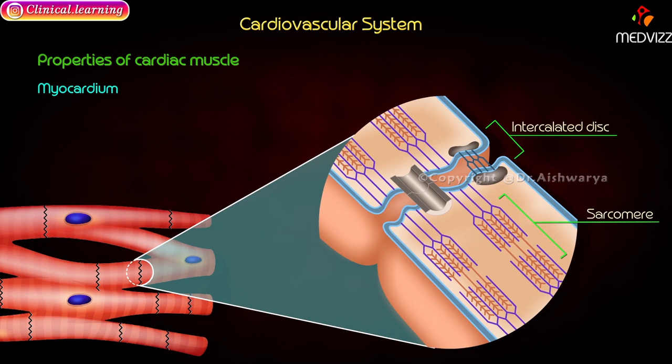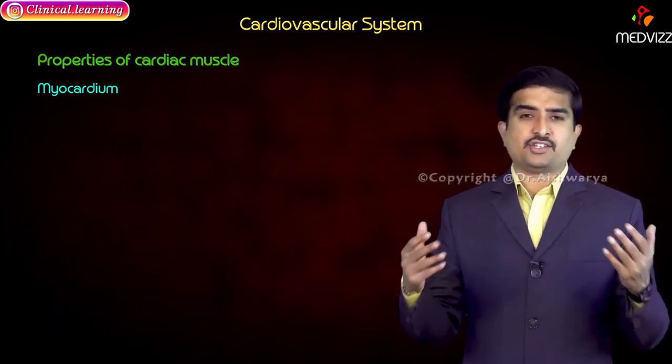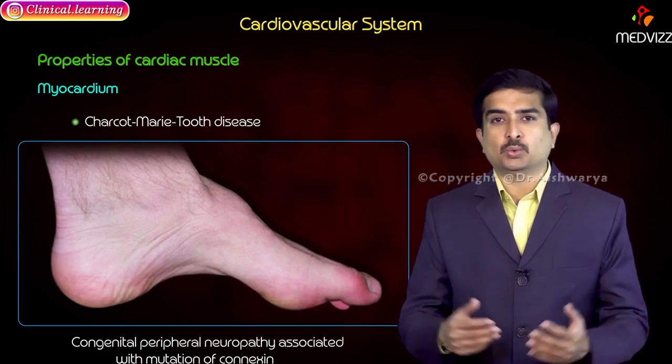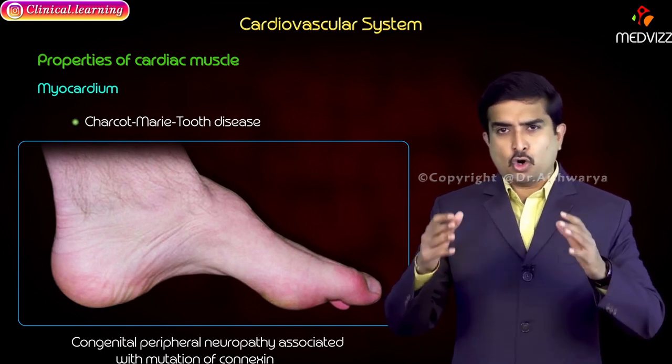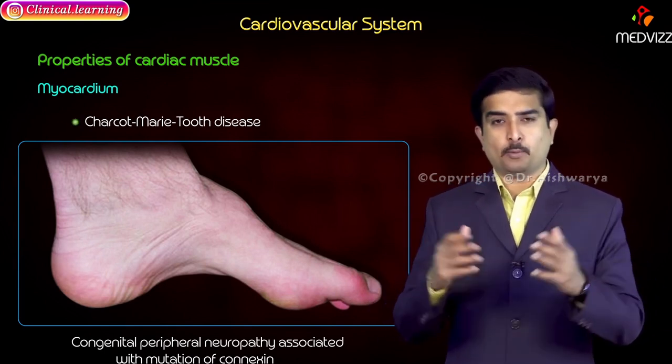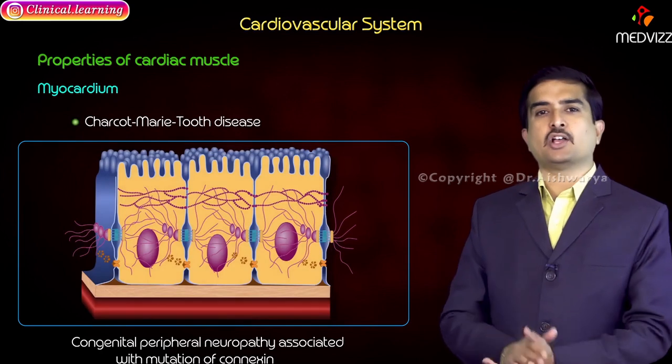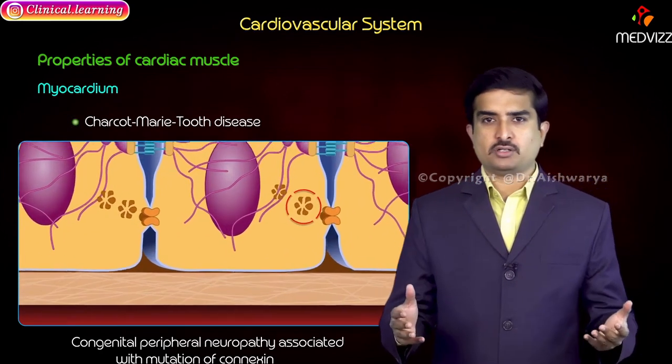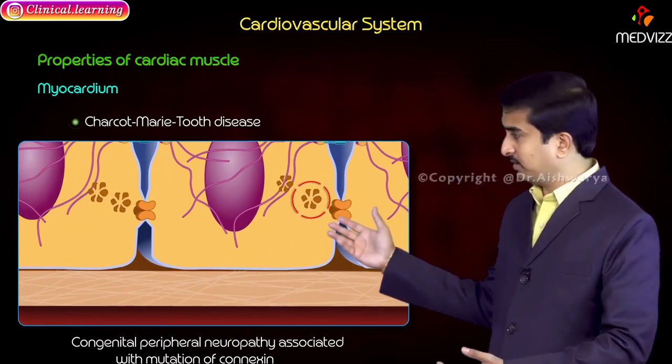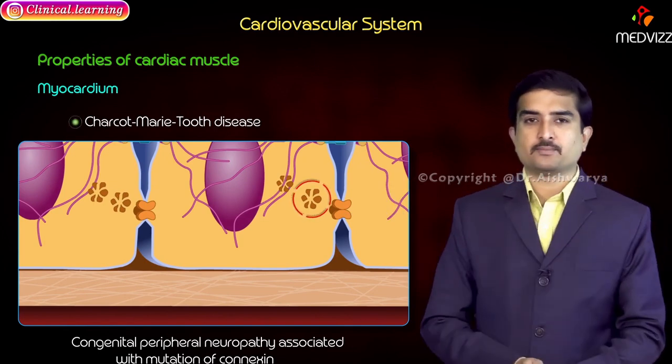Also, these intercalated discs contain gap junctions called nexus. They are present at the level of the intercalated disc and made up of a protein called connexin. There is a disease called Charcot-Marie-Tooth disease, the most common congenital peripheral neuropathy, which is commonly associated with mutation of the protein connexin, which makes the gap junction.